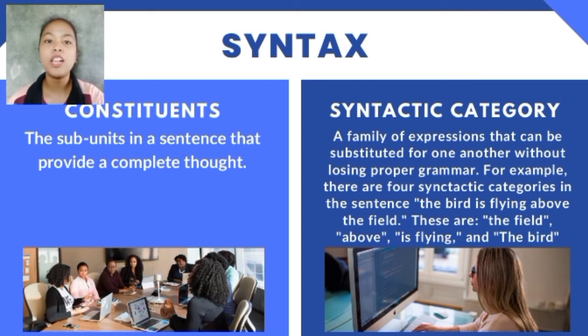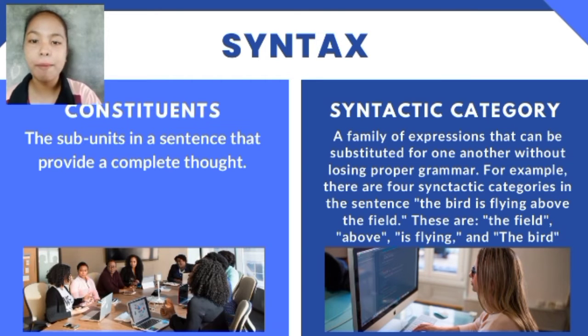For example, the man. We can see the phrase the man consists of two constituents, the and man, usually two parts. Another example is traveled slowly. It is also a construction with its constituents traveled and slowly, with two parts.